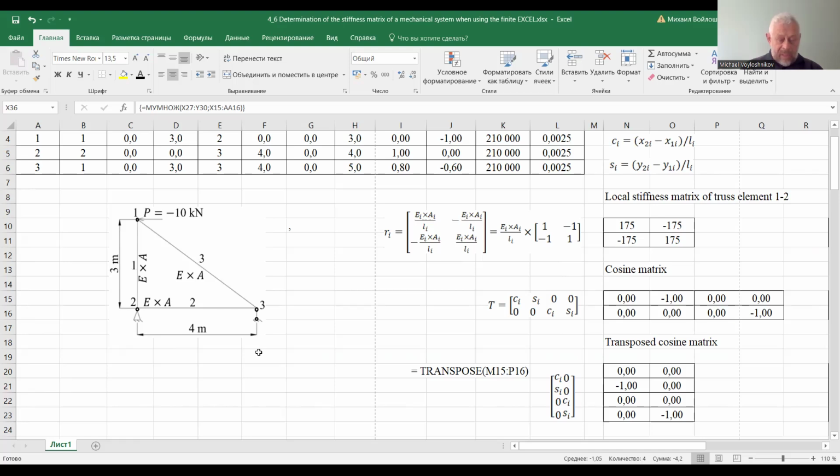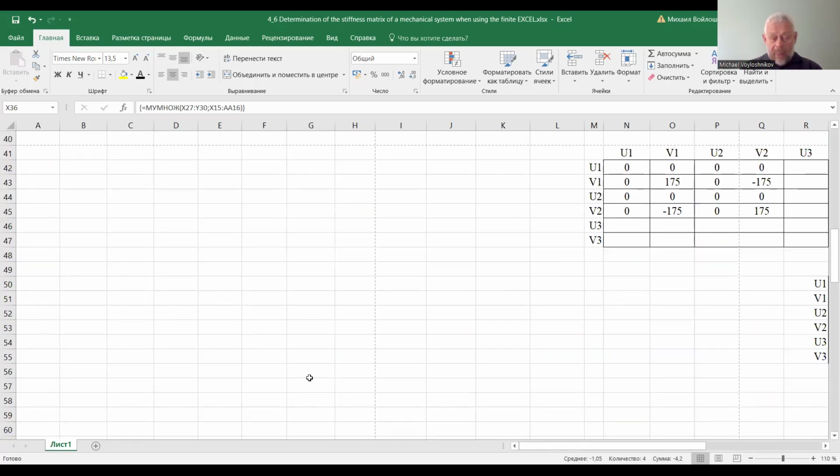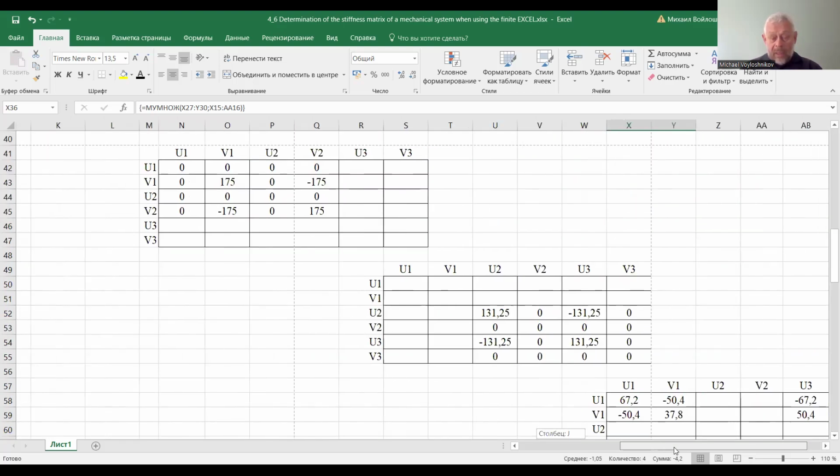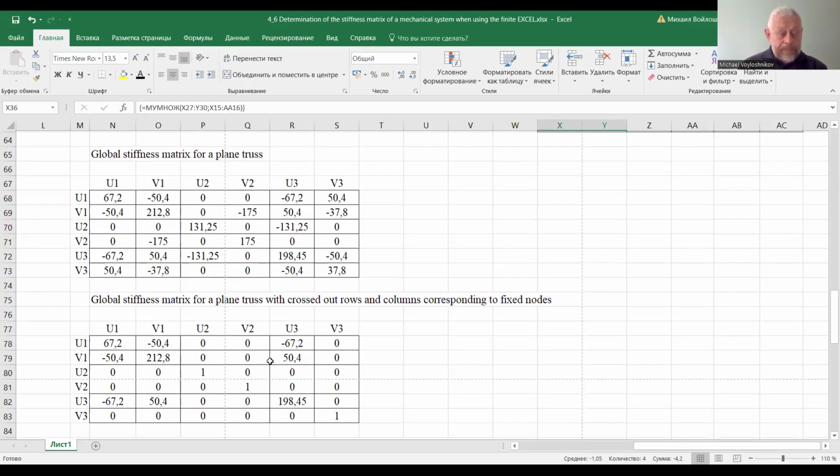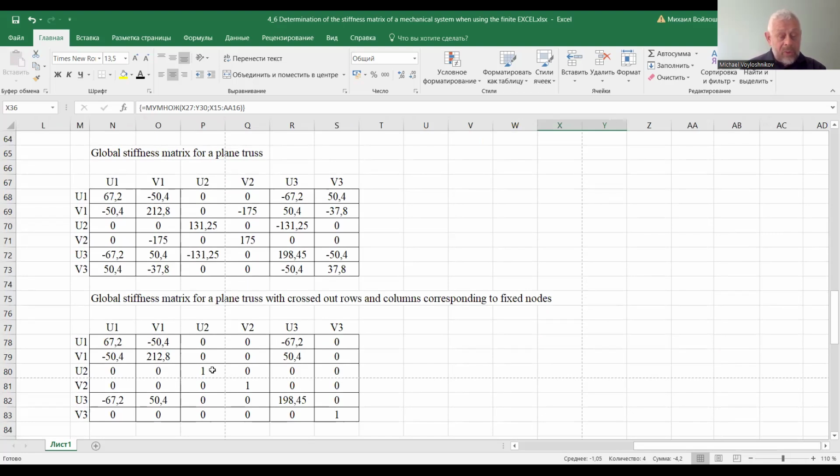For the second one, we have to find in the stiffness matrix the displacement of the second node in the direction of abscissa, which is not possible.